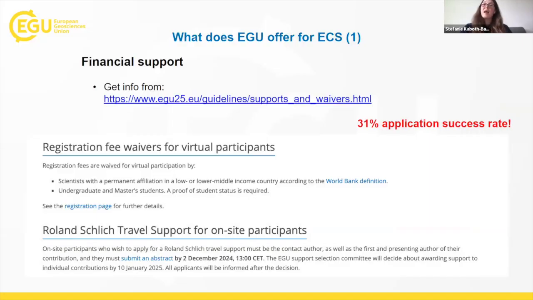There are travel grants and other support like childcare that you as an early career scientist are specifically eligible for and can apply for. Also, that might not help with the General Assembly this year, but if you're watching this, thinking about going maybe next year, please check out the support and waiver section of the EGU and see if some of that can be applied to you. And if you need support with that, let us know.